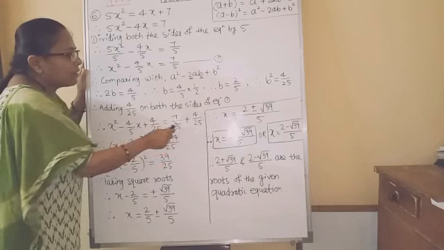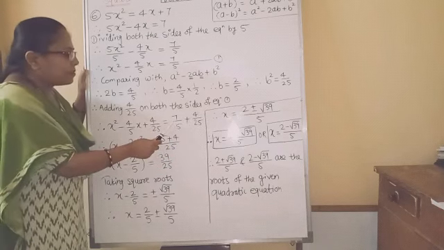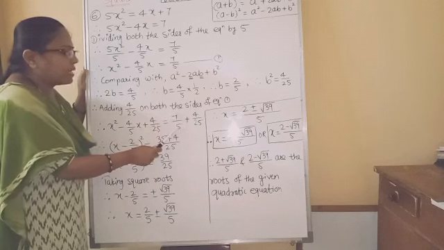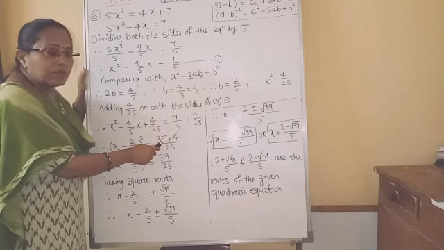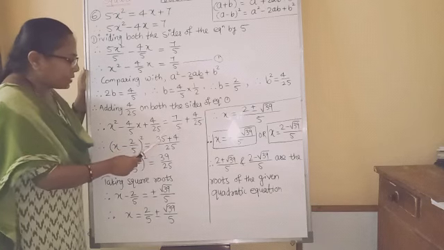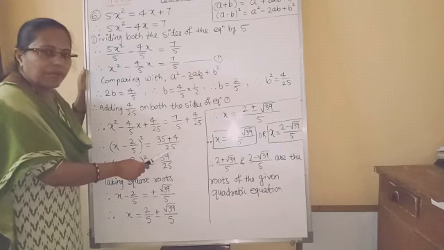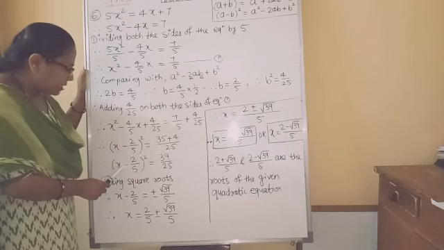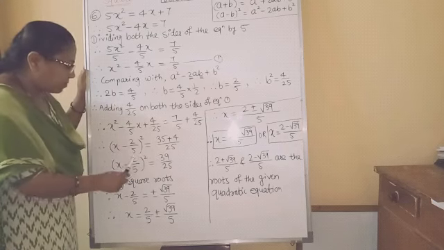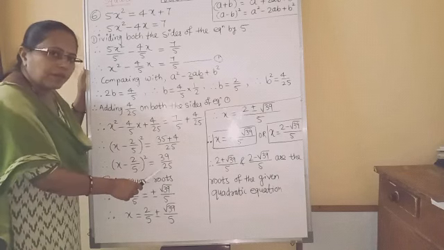now we will add this. To add this first fraction we will multiply by 5. Therefore here we will get denominator 25. So 7 5s are 35 plus 4 upon 25. So x minus 2 upon 5 the whole square is equal to 39 upon 25.